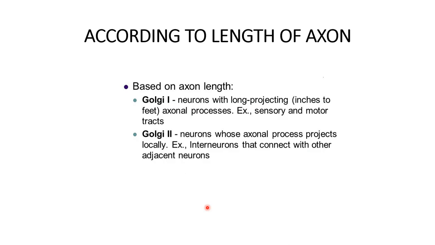Then we have divided it according to the length of axons, Golgi type 1 and Golgi type 2. The Golgi type 1 possess many dendrites and have very long axons.